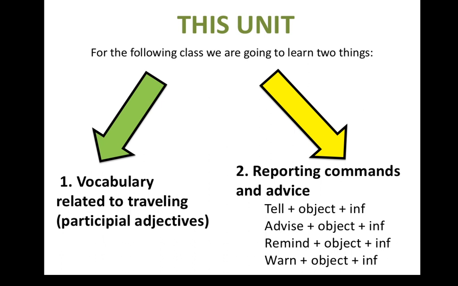You're going to use these 4 verbs: tell, advise, remind, and warn, plus an object. It can be an object pronoun, and you're going to use an infinitive. That is the structure you're going to learn and use to report commands and advice other people have given you. So let's start with the vocabulary.